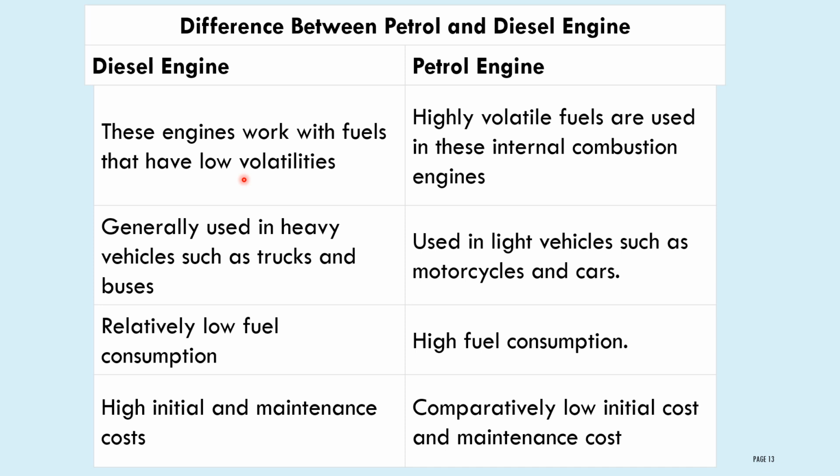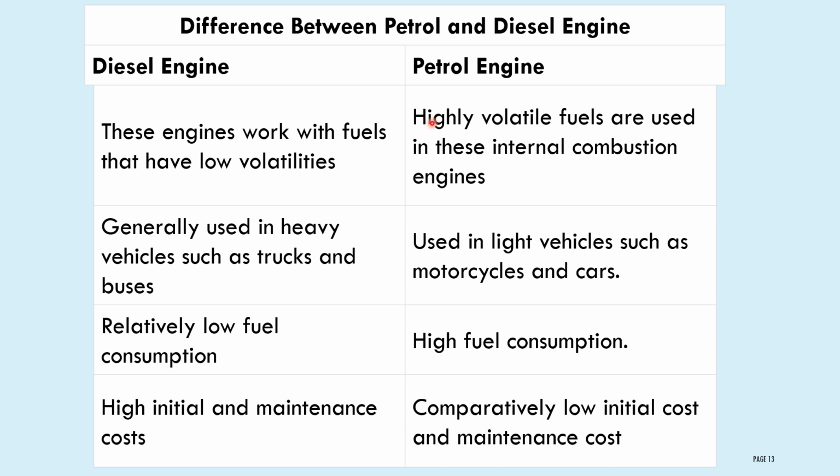Volatile means that if you expose the fuel to air, it starts evaporating at room temperature. But if you expose diesel to air, it will not start evaporating immediately; the evaporating rate is less. Therefore, diesel engines work with fuels of low volatility.